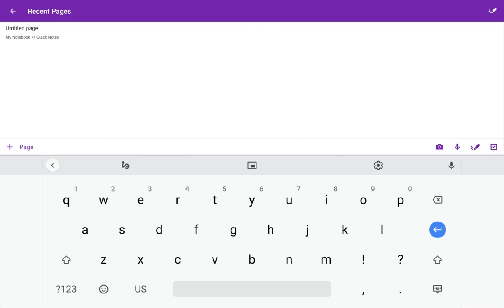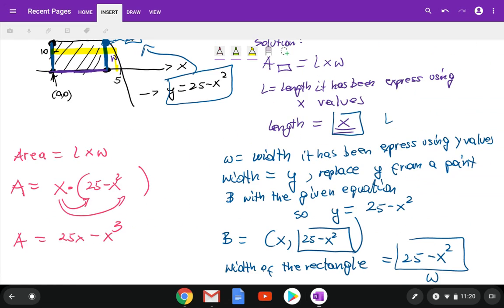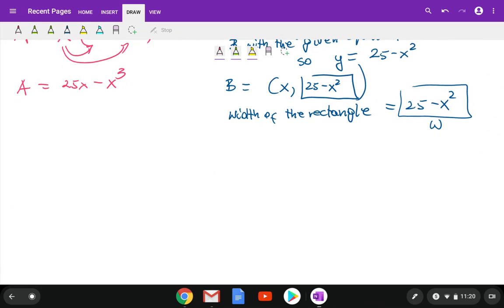Give me a second. I still want to work on it on this page. Okay, so let's go home. I'm doing drawings. Okay, so we have an area.